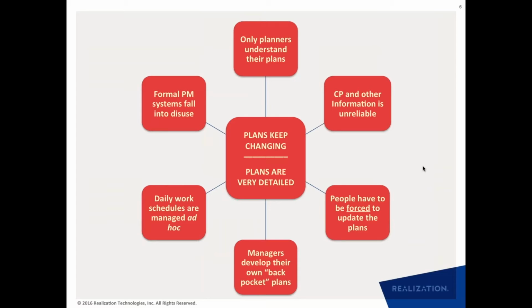But even in our best implementations, what we find is that in about 3, 4, 5 years, the symptoms start showing up where people have to be forced to use the project management system and project plans. And normally they are just going back to their old methods of using their own local priorities rather than the project plan.